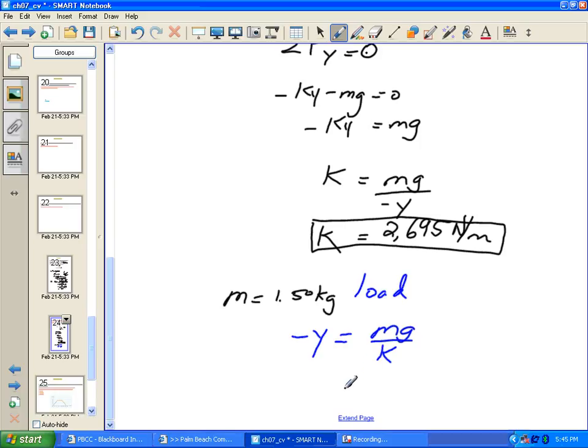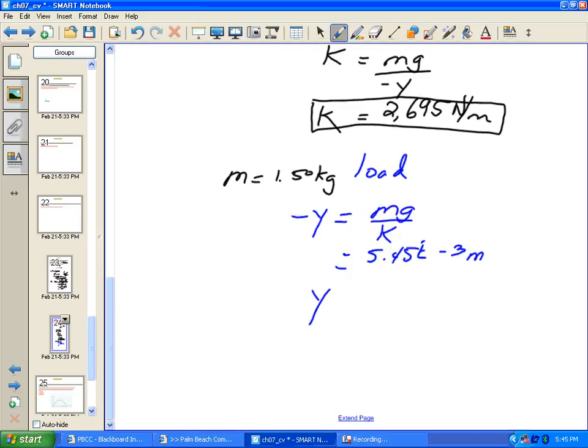And what we get is that minus y is equal to 5.45 e to the minus 3 meters, or in other words, y, the displacement that this mass would undergo, would be negative 5.45 e to the minus 3 meters. And again, the negative sign reminds us that it is a displacement which is downward.